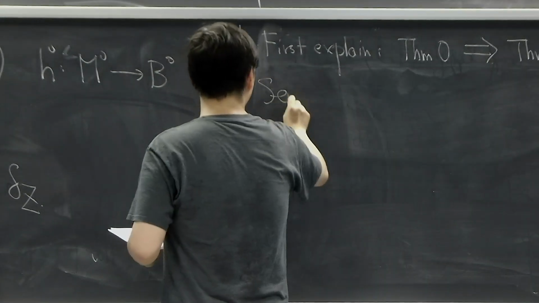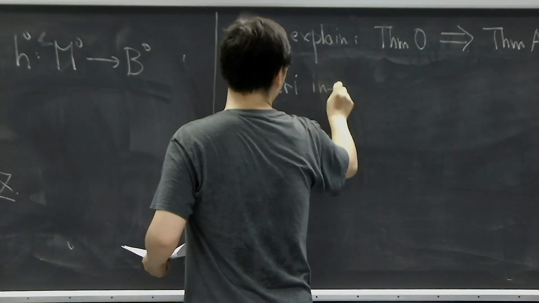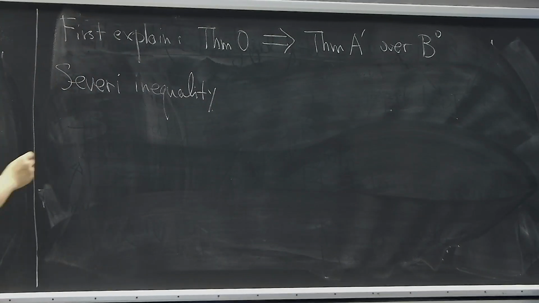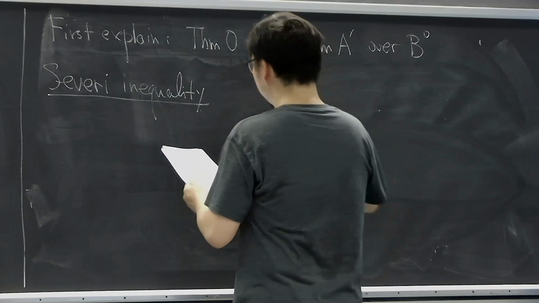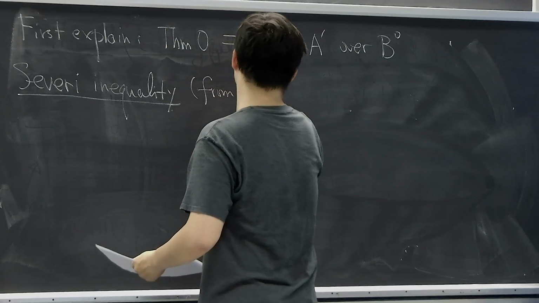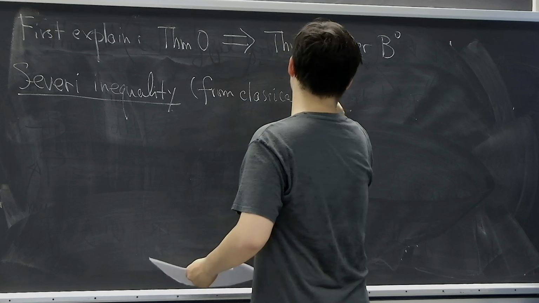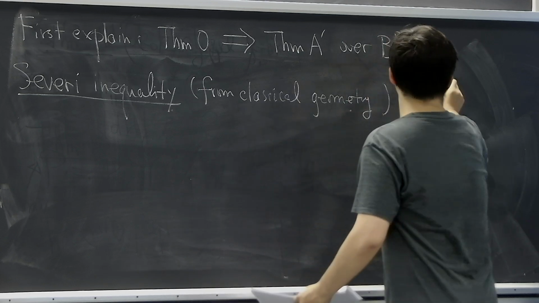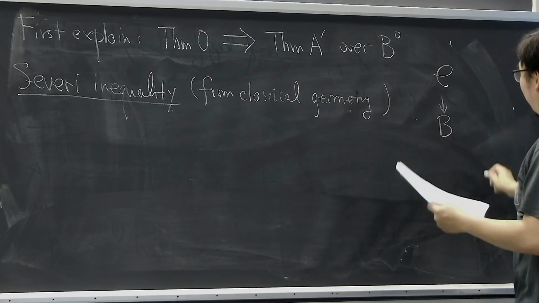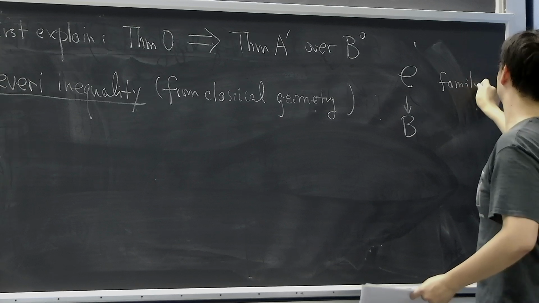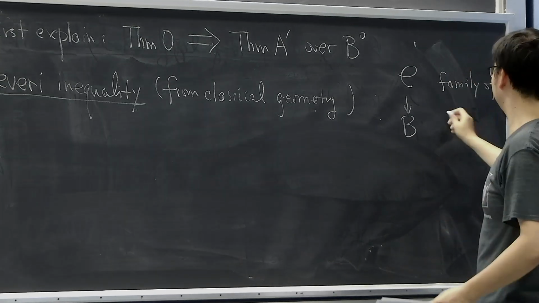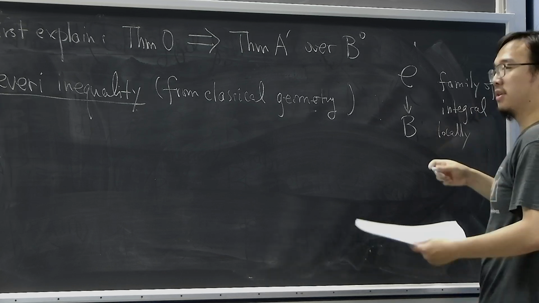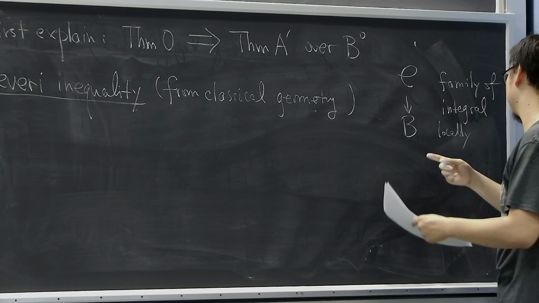So this is the Savary inequality. This is an inequality from classical geometry of curves, which is of different flavors. If you consider any family of integral locally planar curves, so you give some restriction on the singularities, that they can at worst be planar.